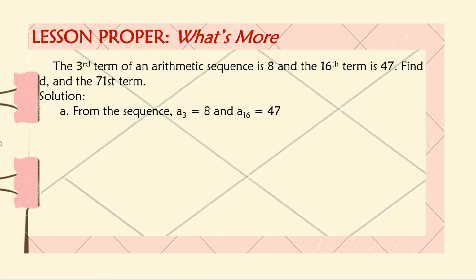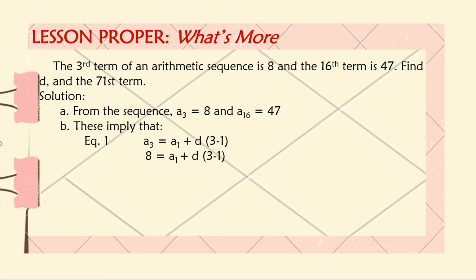A sub 3 is equal to 8 and A sub 16 is equal to 47. So, this implies that we will come up with two equations. So, gagawa tayo ng equation. For our first equation, we have A sub 3 is equal to A sub 1 plus D, the common difference, times 3 minus 1.